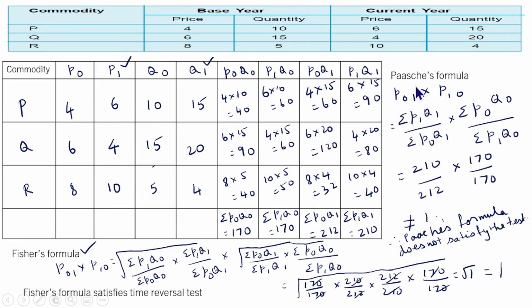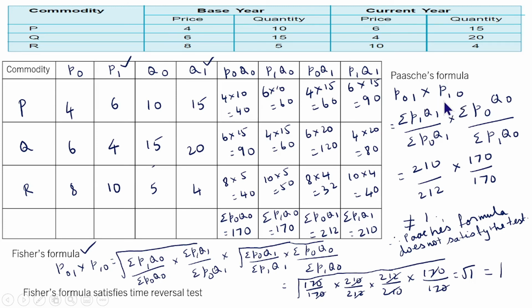To check whether Paasche's formula satisfies time reversal test, we need to find P01 into P10 given by this expression, that is summation P1 Q1 upon summation P0 Q1. This is the usual Paasche's formula which calculates the index for the current year using 0 as the base year. And now we have P10.